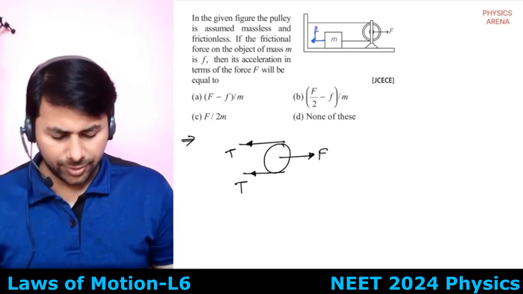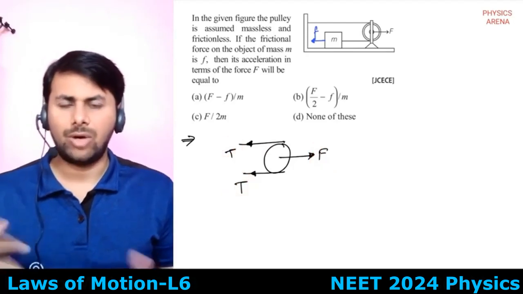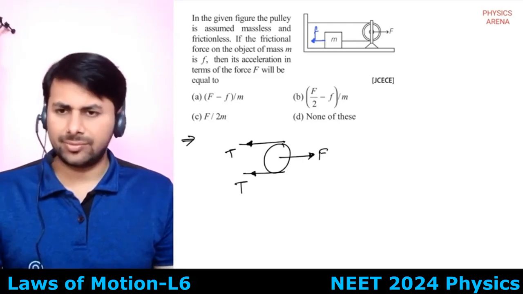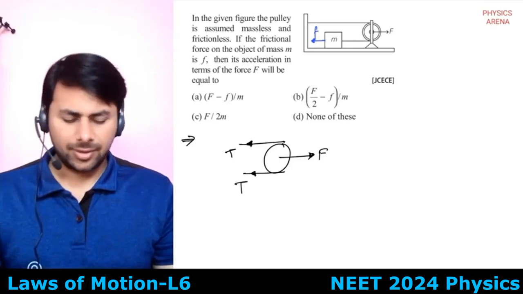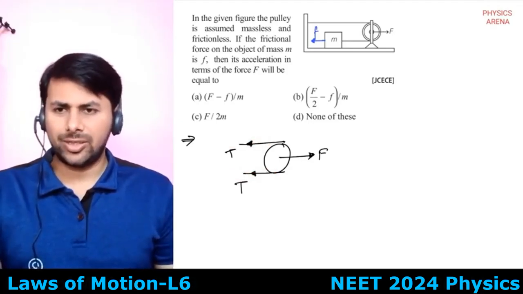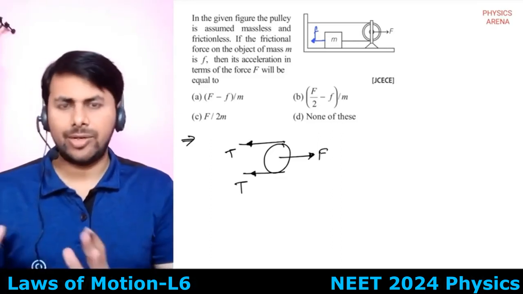So in this case, I can just say F will be equal to how much? Tell me. How much is the force acting on this side? Is it T or 2T? It's 2T, right? So F will be equal to 2T.